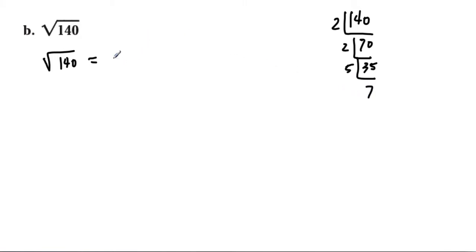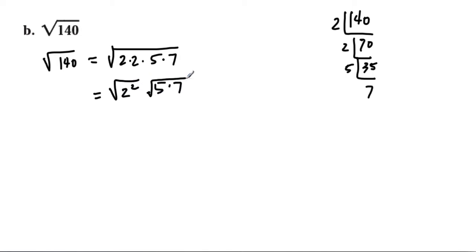So this is actually radical 2 times 2 times 5 times 7, or 2 squared times 5 times 7, radical that is, or this is simply 2 radical 35.